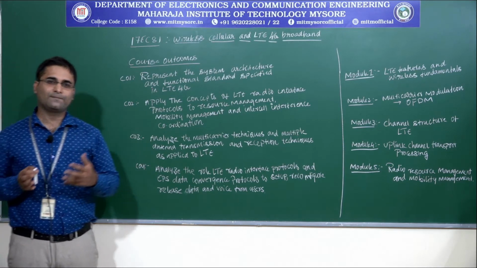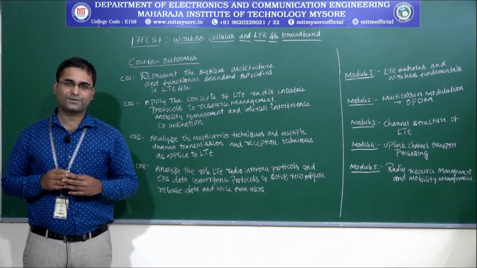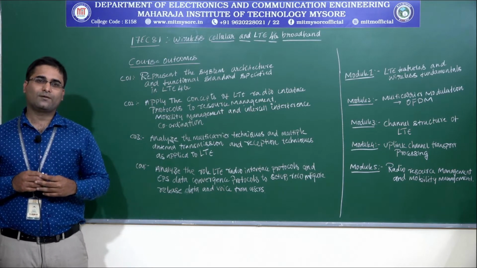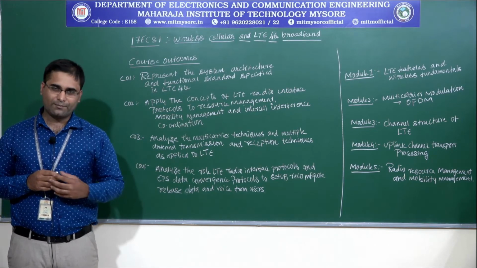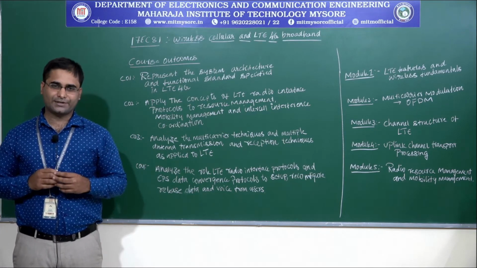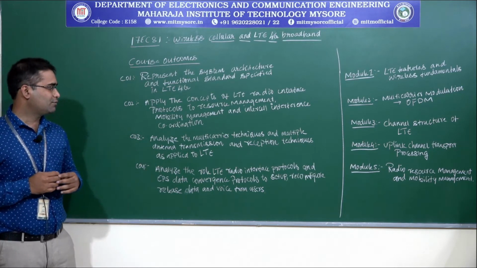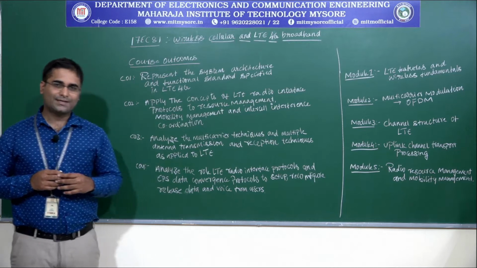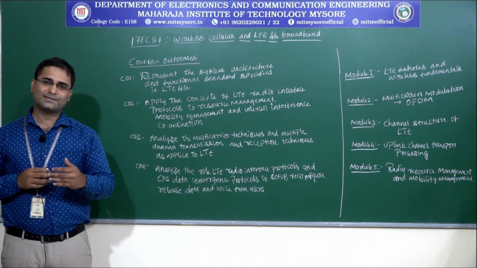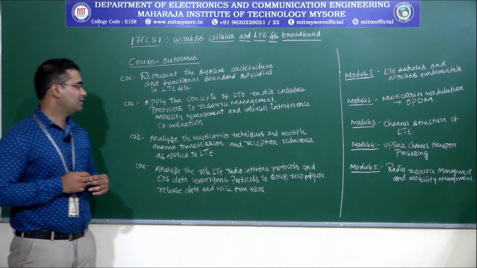So we will deal exclusively with the architecture of 4G LTE, and try to understand the different equipment or components in the architecture of 4G LTE. The next, CO2, deals with the signaling process of how a signal moves from the transmitter to the receiver.